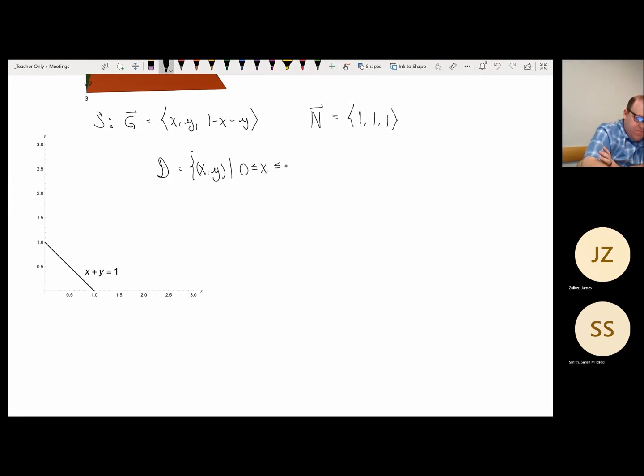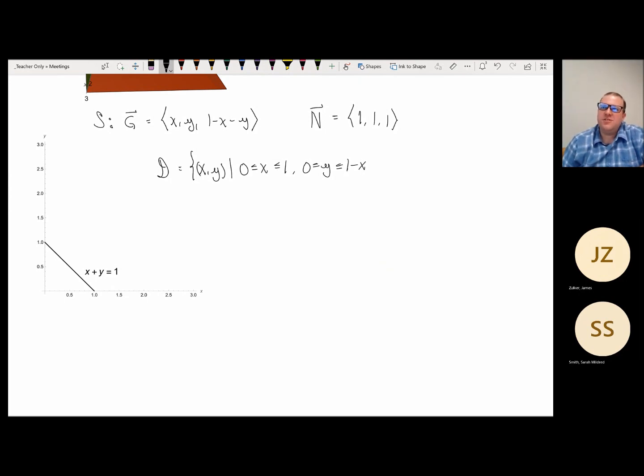X for Y. Zero to one for both is a square, which this is not.